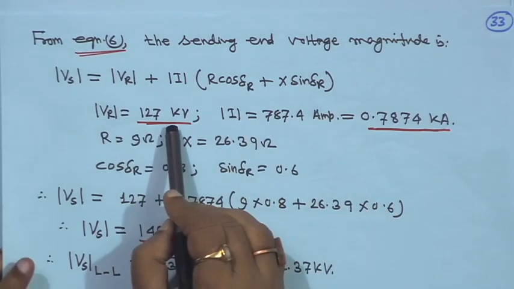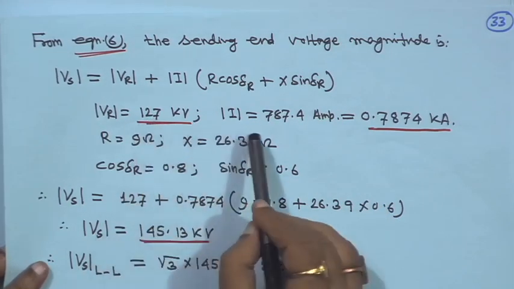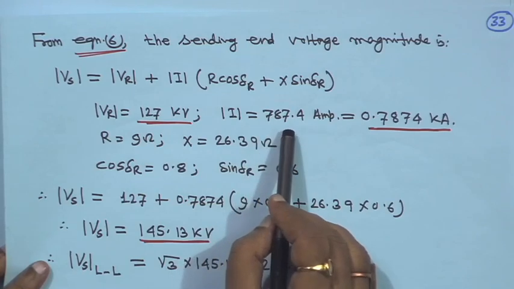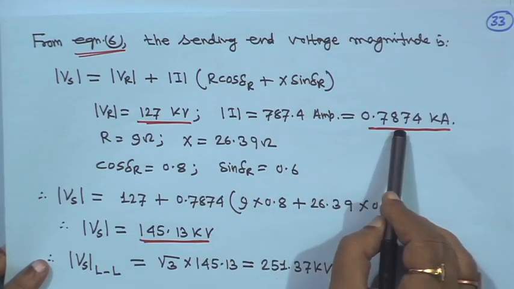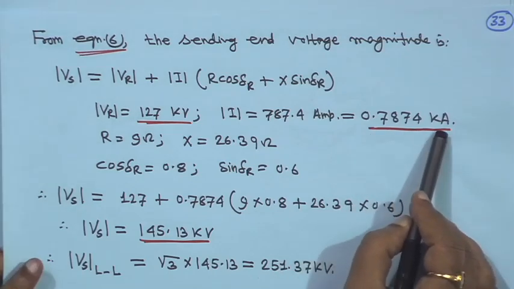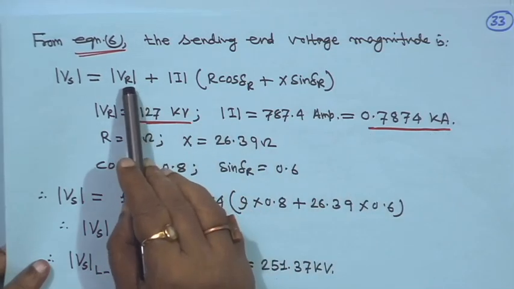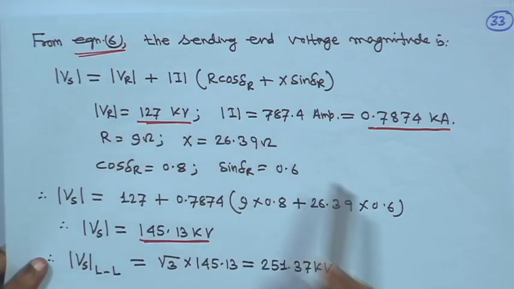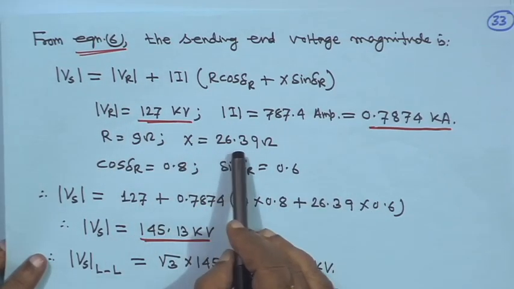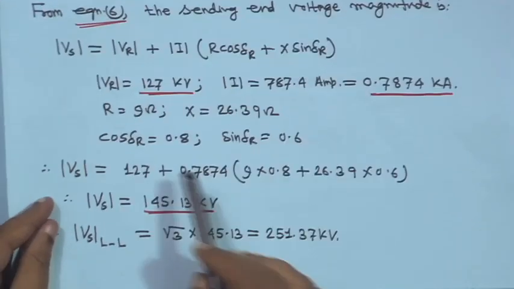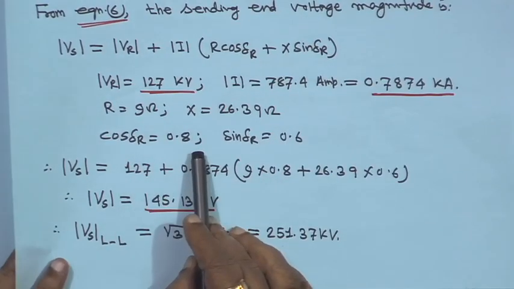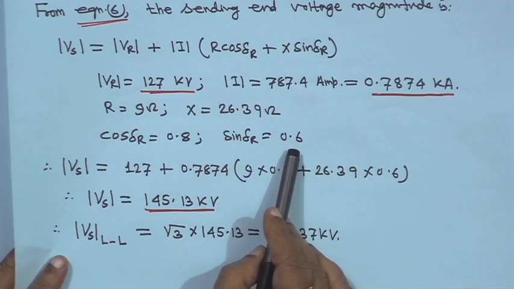So, Vr is known, 127 kV, magnitude of I is 787.4 ampere, you convert it to kilo ampere, 0.7874 kilo ampere, because we will keep all these things in kV. R is equal to 9 ohm, X is equal to 26.39 ohm. These are the parameters given, all you have computed. So, cosine delta is 0.8 and sine delta is equal to 0.6, right.